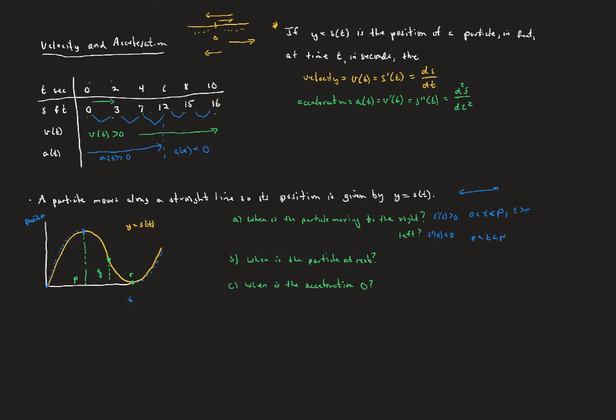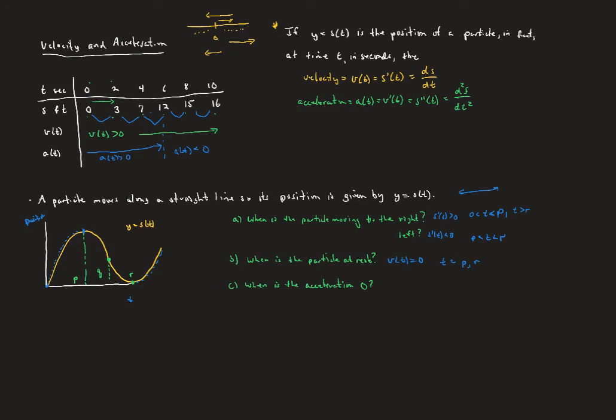So the answer to part B, when is the particle at rest, is going to be when v of t is equal to 0. So it's not moving right, nor is it moving left, it's just momentarily pausing. And so that's going to be at t equals p, and also at t equals r.